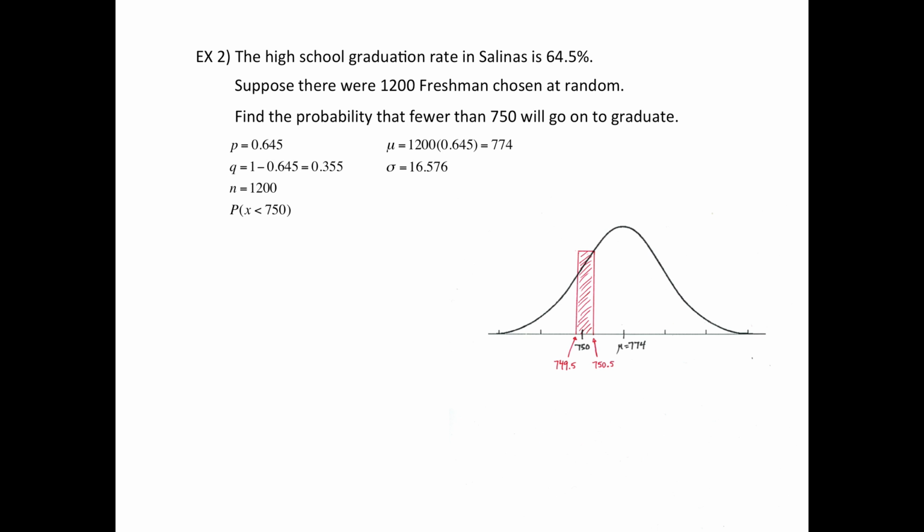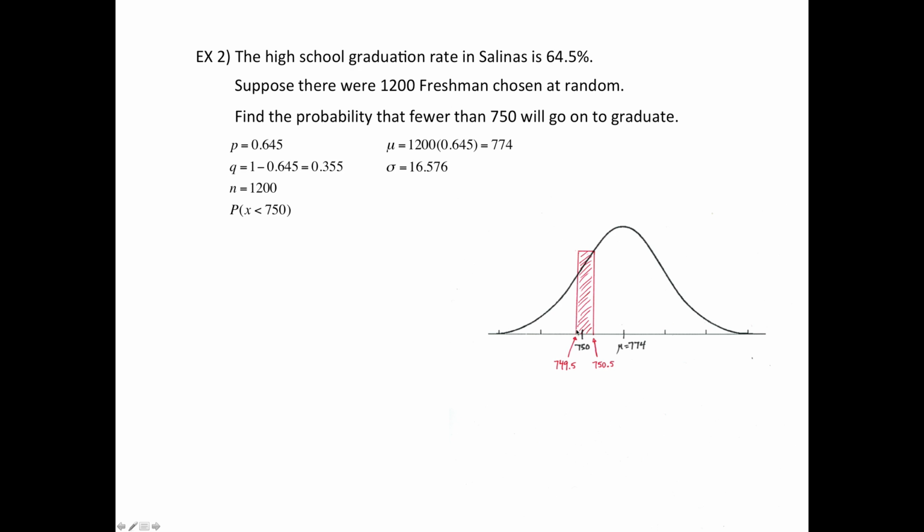And then for the picture. Here is the 750th person to graduate, so this is if 750 out of the 1,200 graduate. For this person, their bar would start at 749.5 on the left and 750.5 on the right. Which of those 2 red numbers do we use as we shade? This says shade to the left, and because it said fewer, we're not supposed to include the 750.